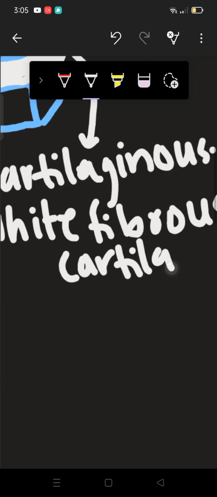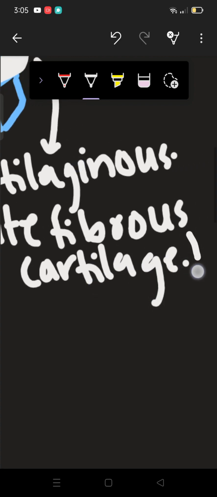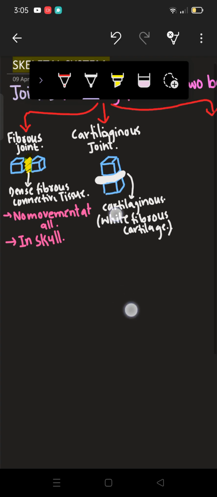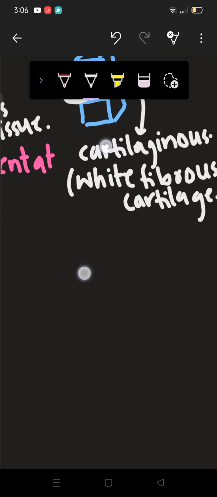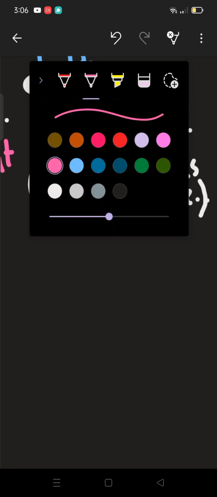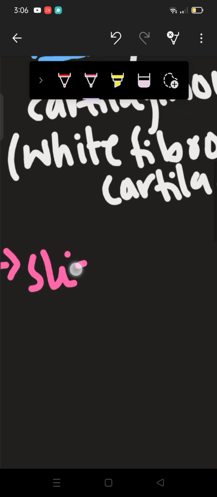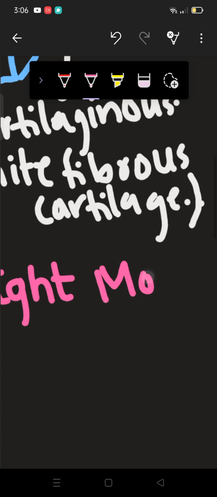Now let's talk about whether this joint has movement or not. This joint has a slight movement. Let me write that here: it has a slight movement.